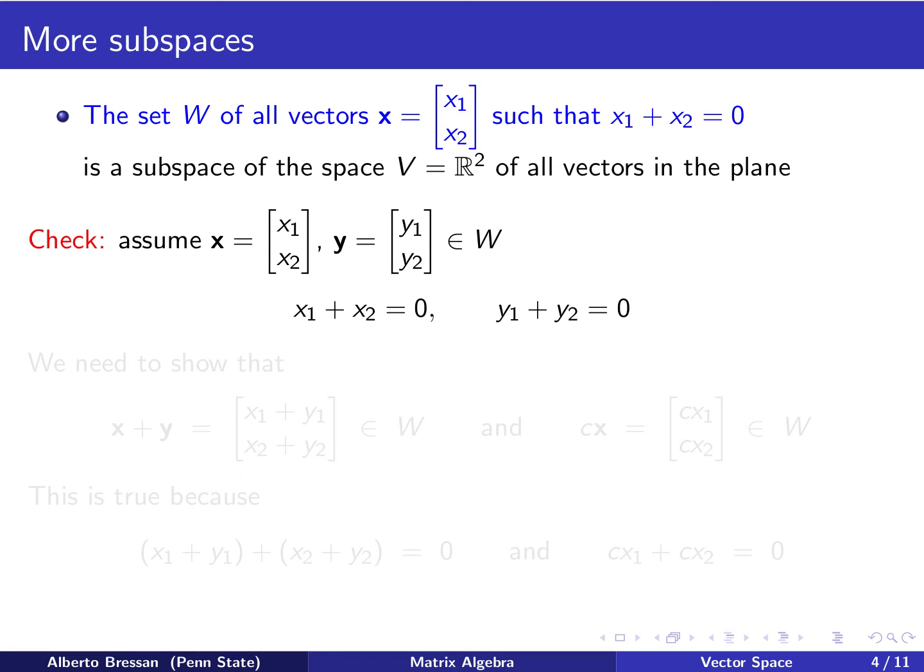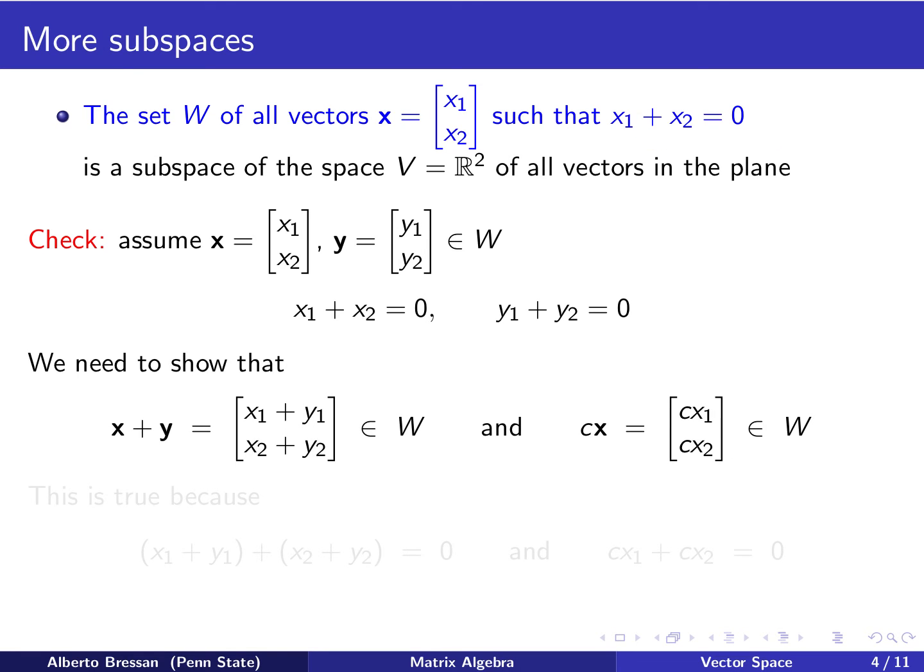Let's take two elements x and y, where x is (x1, x2) and y is (y1, y2), and they are in the set W. What that means is that x1 plus x2 is 0 and y1 plus y2 is 0, because that's the property of the set W.